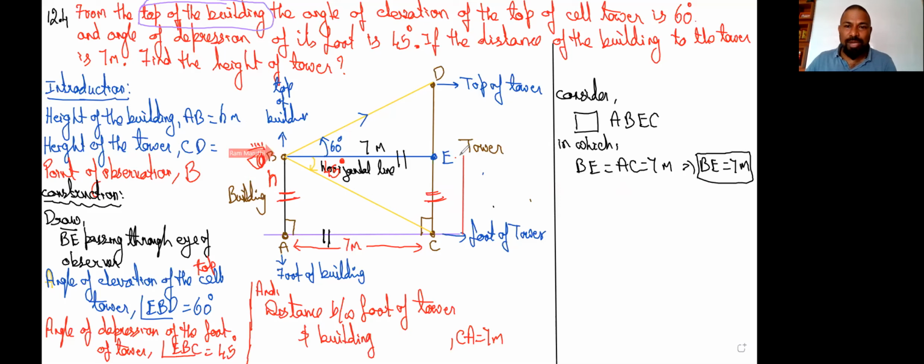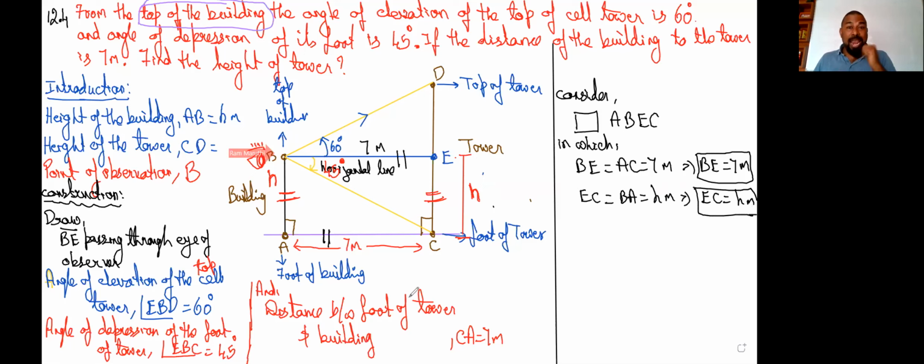Therefore, let's label that: EC is equal to BA is equal to H meters. This is the new measurement we got.